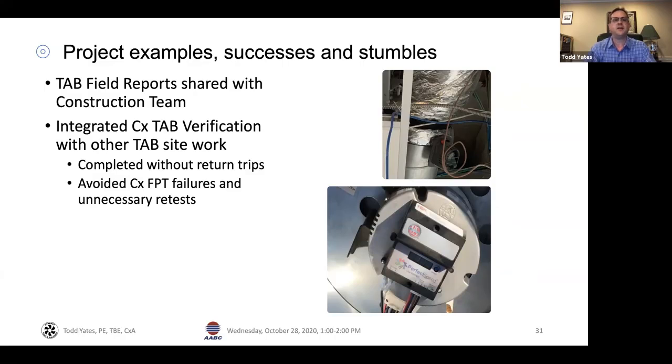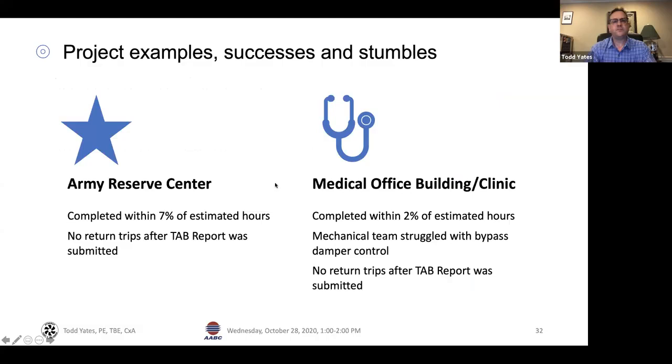Why is this speed not noted? What about this? And as I said, we completed with no return trips. We helped the commissioning provider avoid failures in their FPT, and that's unnecessary testing for everyone. So we were able to work with that.